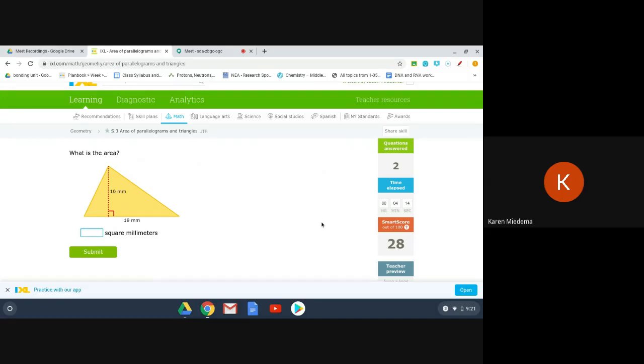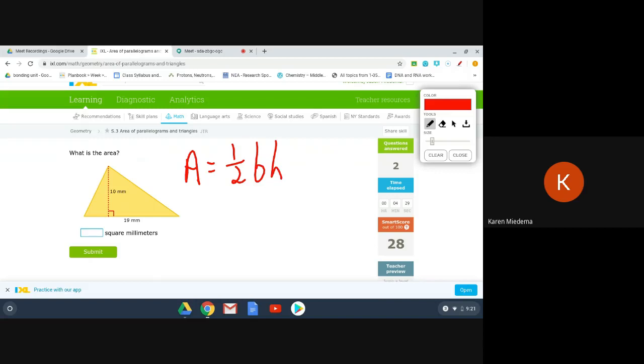Okay, here's a different kind of triangle. Notice that this one, the 10 is actually not on the outside of the triangle. It still works the same way. Area equals 1/2 base times height. The base is this entire length, which is 19.